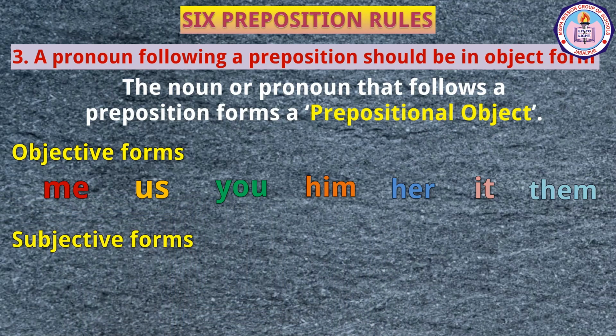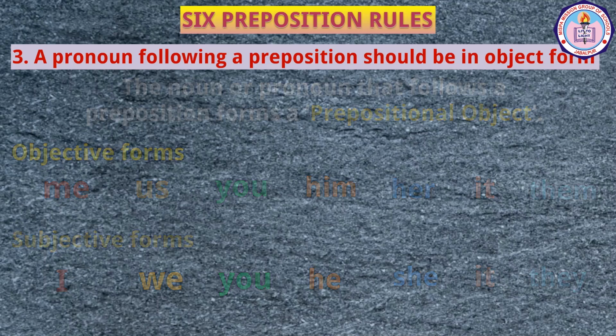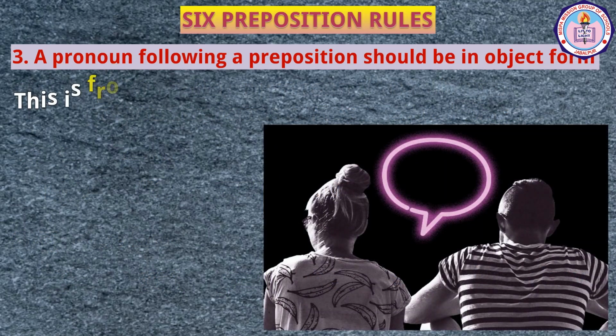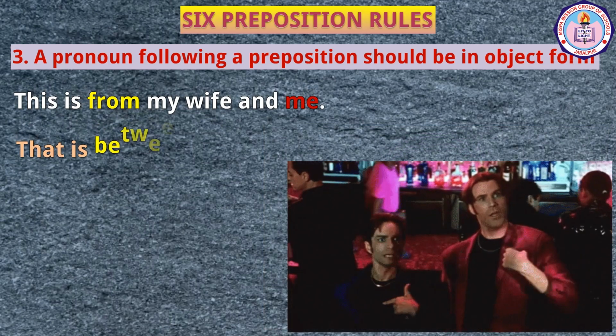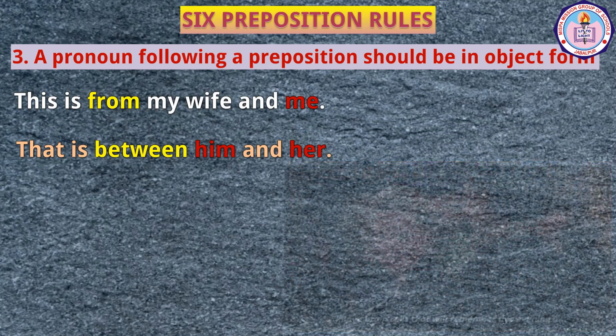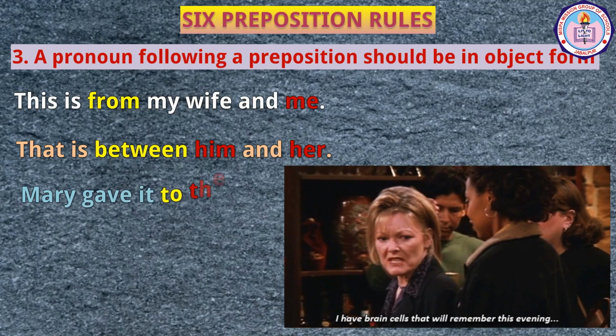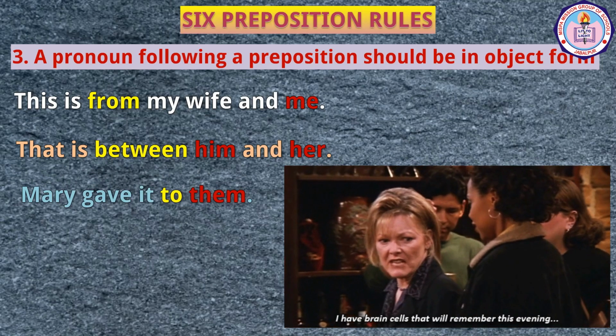Not the subjective forms such as I, we, you, he, she, it, and they. For example, this is from my wife and me. That is between him and her. Mary gave it to them.